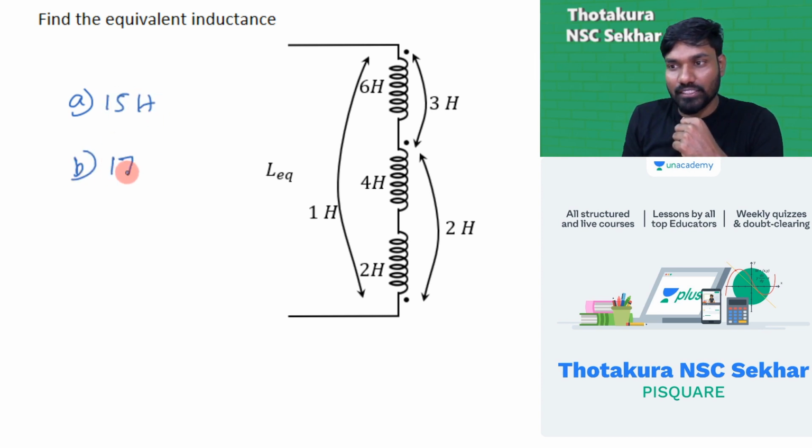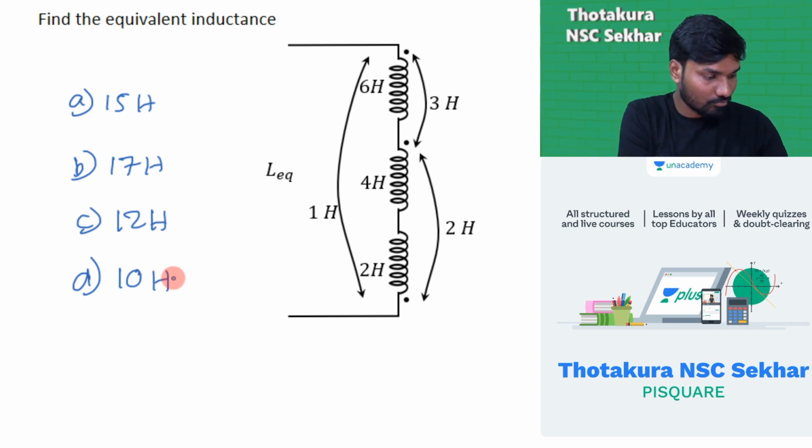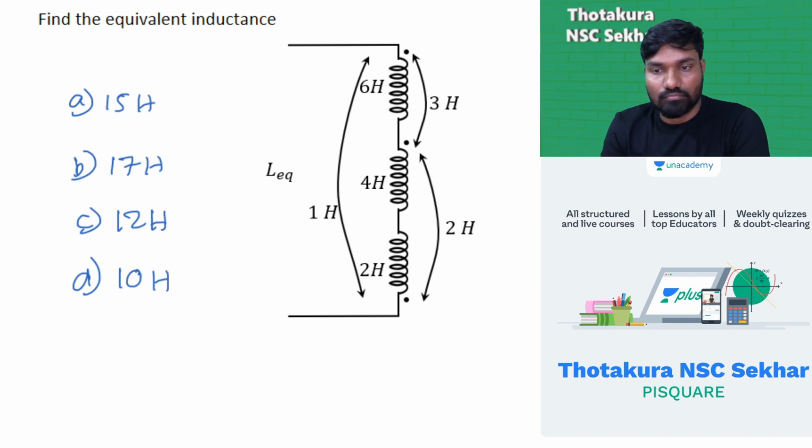Option B is 17 Henry. Option C is 12 Henry. Option D is 10 Henry. Yes, the answer is 12 Henry. Okay, let's see how to solve it.